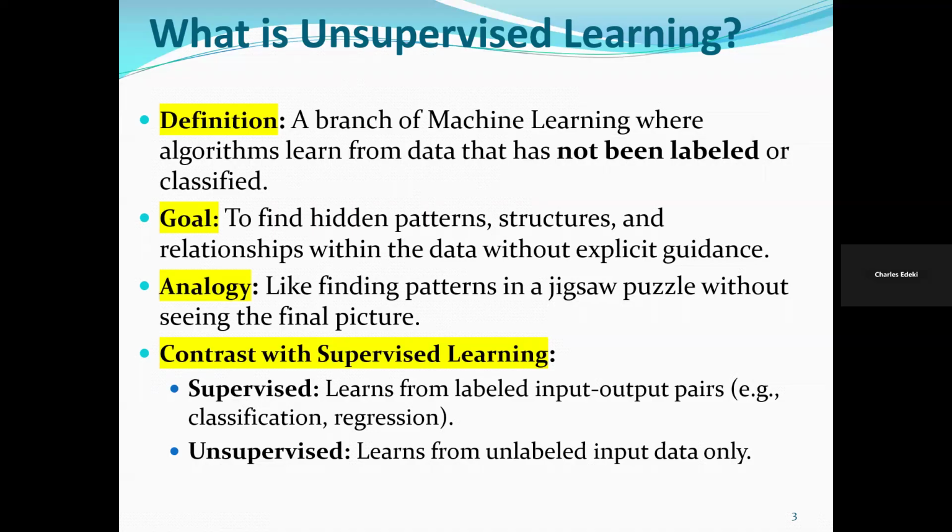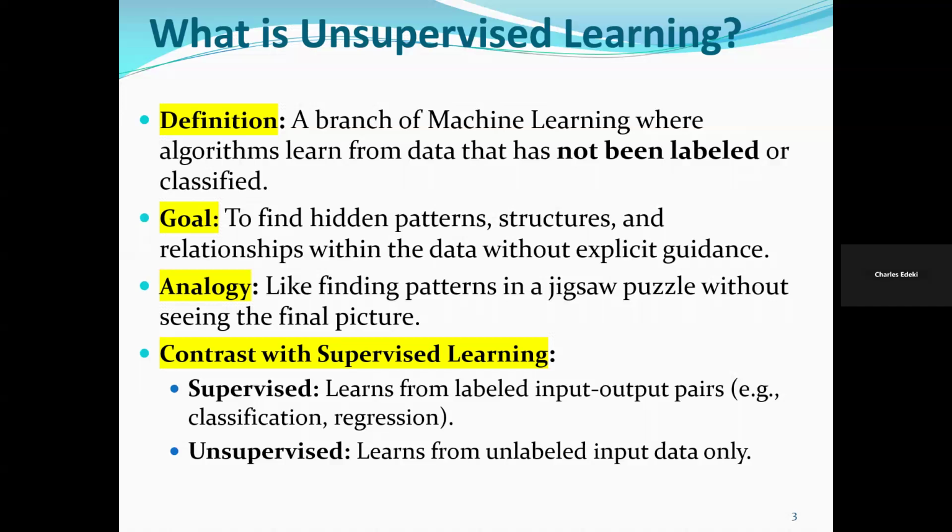So I would say that unlike supervised learning, where the model learns from input-output pairs, unsupervised learning algorithms are given only input data, and the task is discovering what? Hidden patterns, discovering inherent structures or relationships, or we can even say discovering distributions.